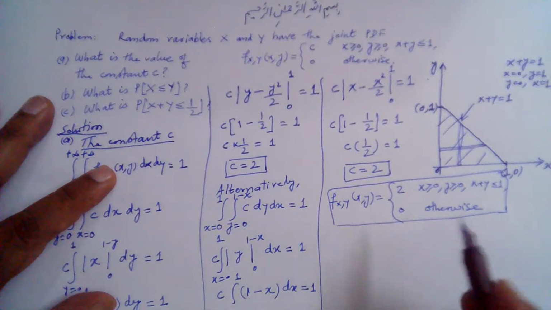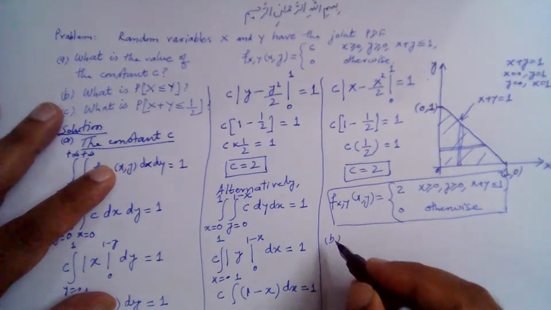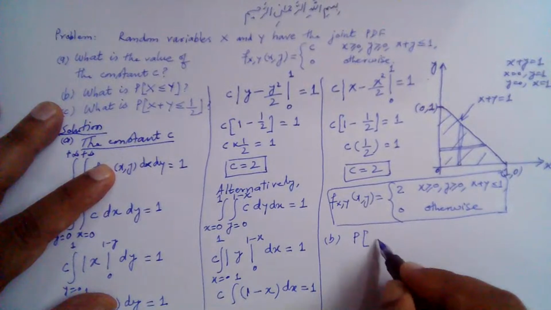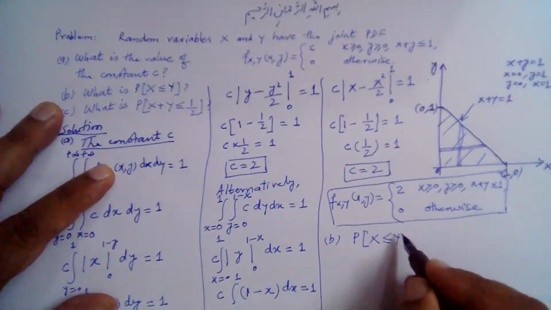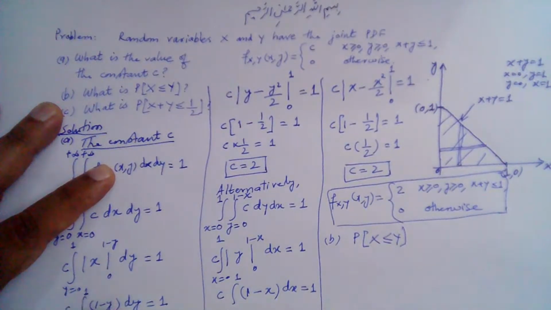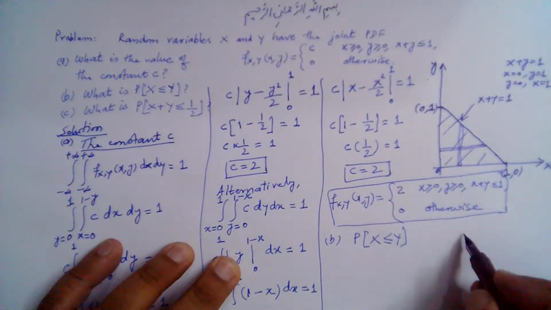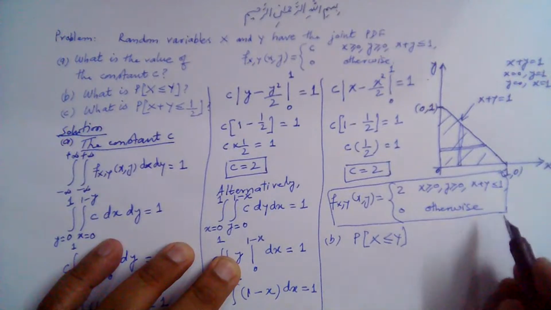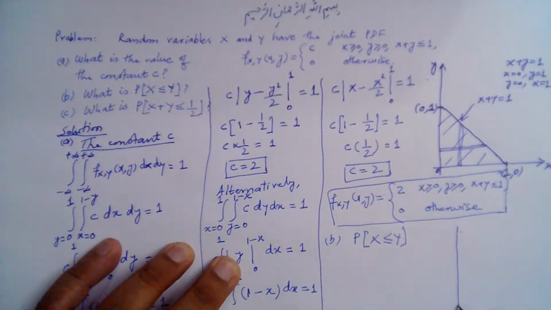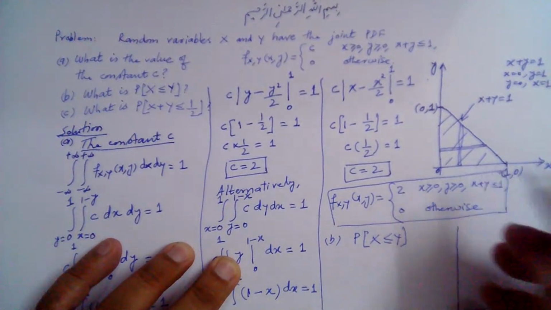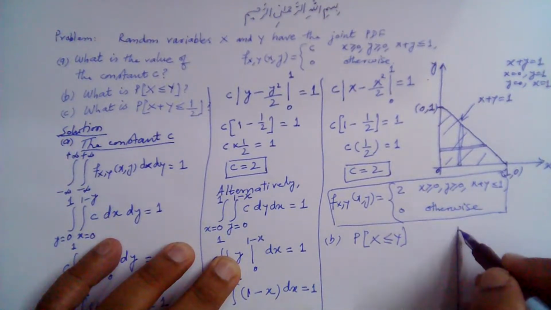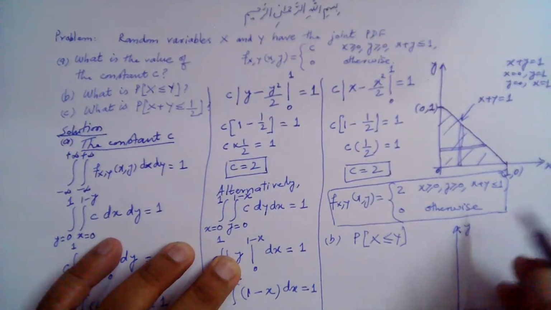For the second part of the problem, we need to evaluate the probability that x is less than or equal to y. So let us plot this diagram again, but with this additional constraint now. So we have here the x-axis, and we have here the y-axis.